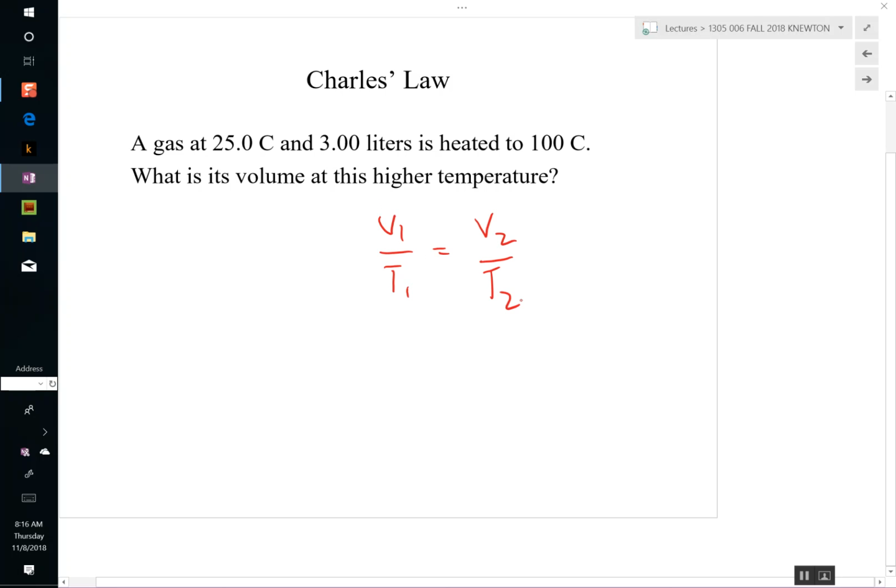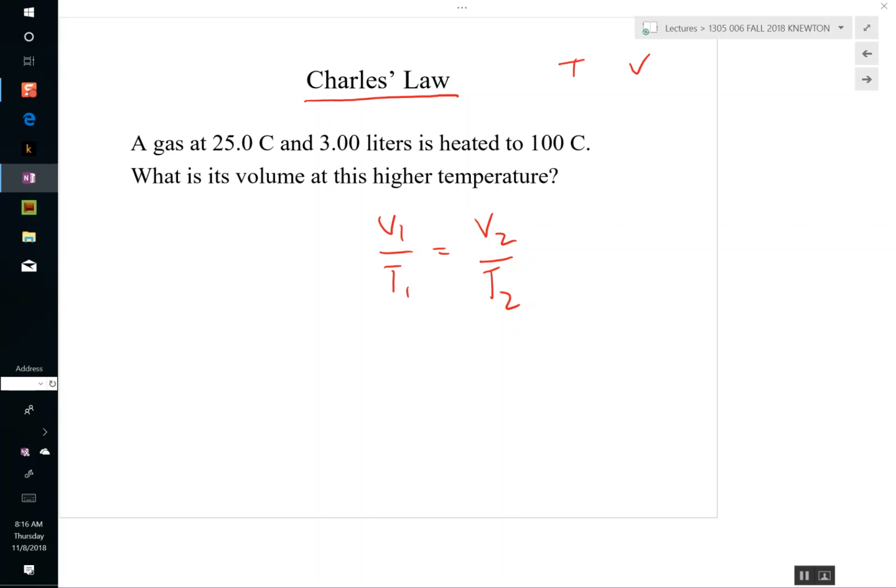So as we read this now, knowing that it's a Charles' law problem, because I told you that, just keep in mind, you won't be given that information routinely. So if you read this and you see, well, all I see in here is temperatures and volumes, that points you in this direction.